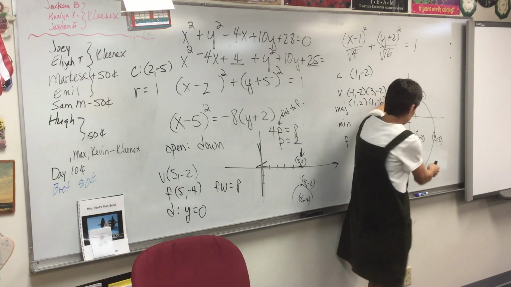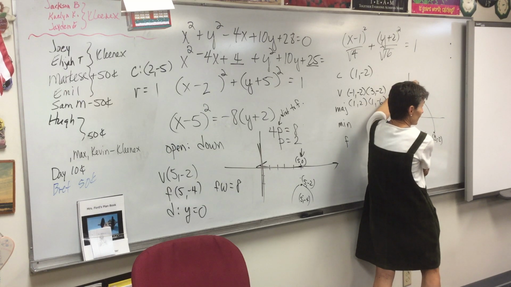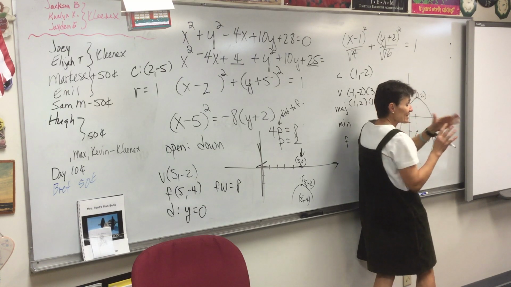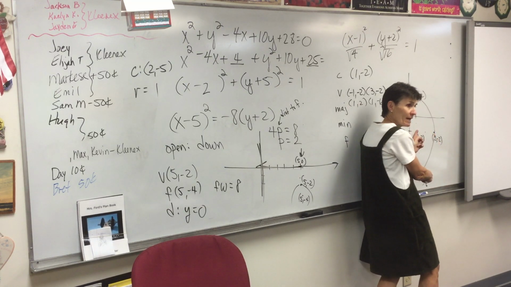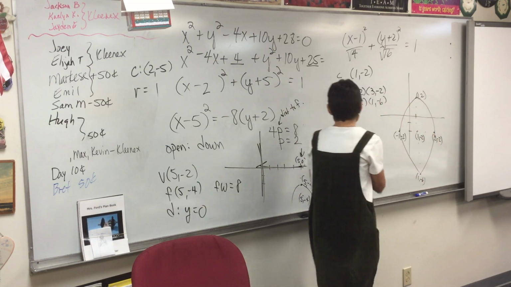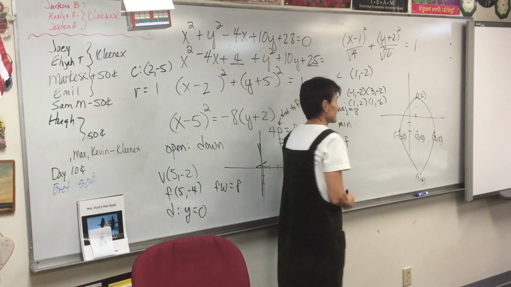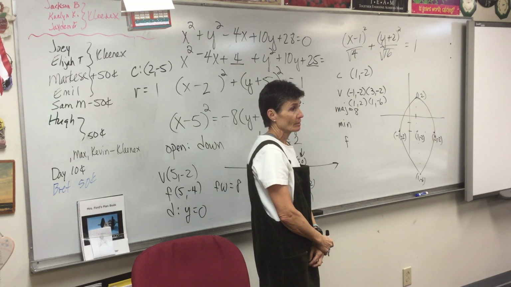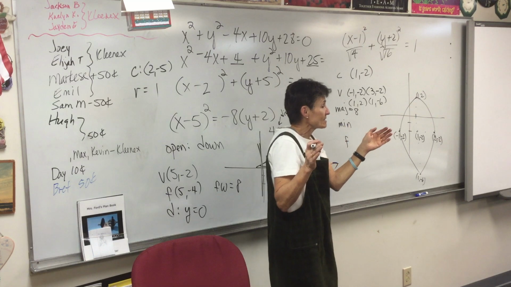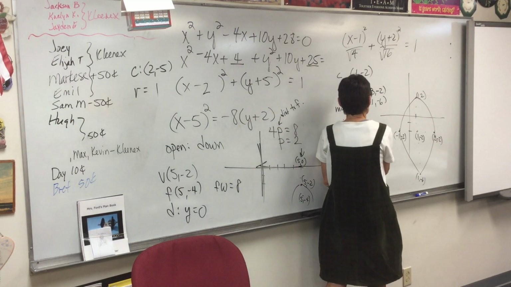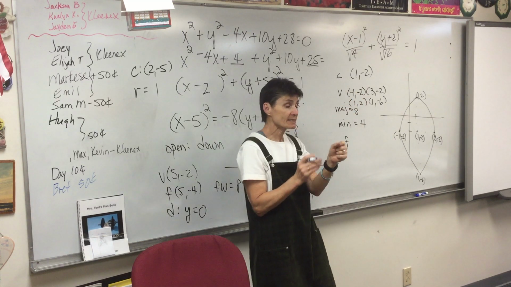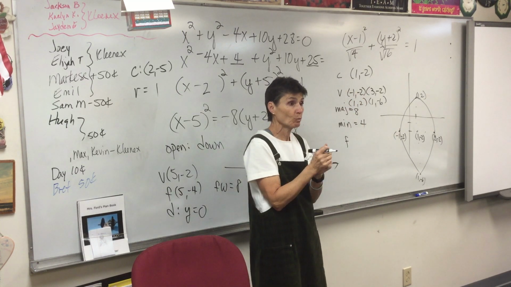How far is it from top to bottom of that ellipse? 8. You started at the center and you went up and down 4, right? So that would be 8. So your major axis is 8. Then your minor axis, that's the short one, it is 4, because you started at the center and went 2 units both ways.